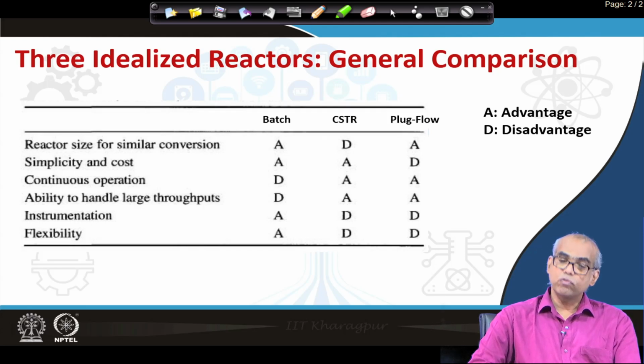Batch is more flexible compared to CSTR and plug flow, which are responsible for essentially continuous operations, but batch is flexible and it is possible to use batch process for formation of multiple products.